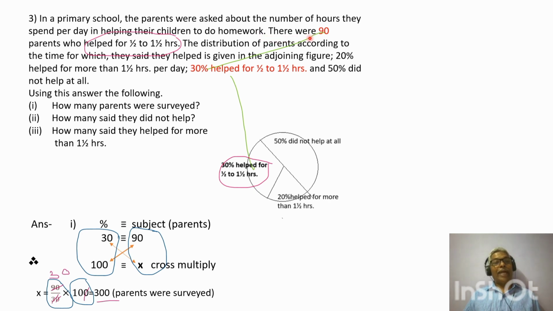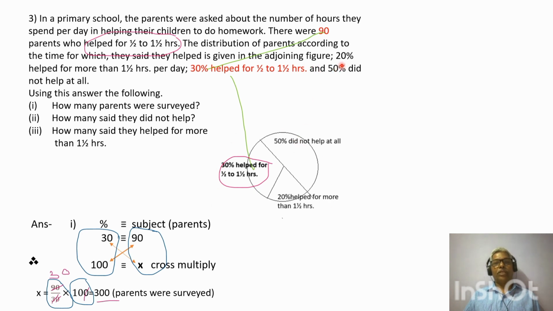There were 90 parents who helped for half to 1.5 hour. See this very properly. The distribution of the parents according to the time for which they said they help is given in the adjoining figure.